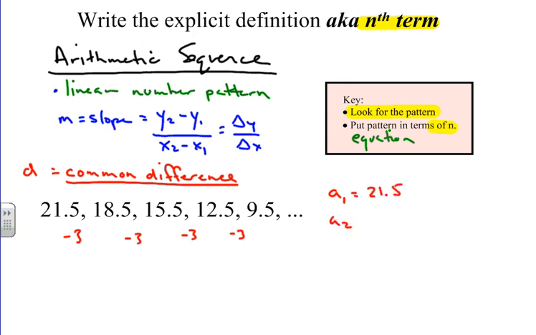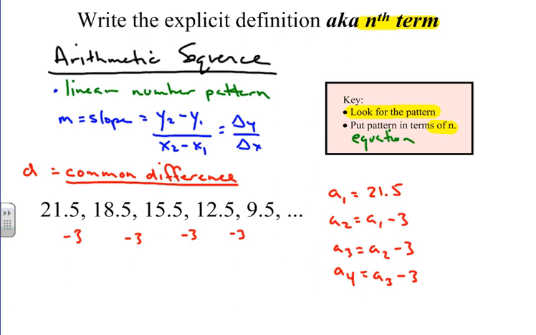I can find my second term by taking the first term and subtracting 3. I can find my third term by taking my second term and subtracting 3. I find my fourth term by taking my third term and subtracting 3.